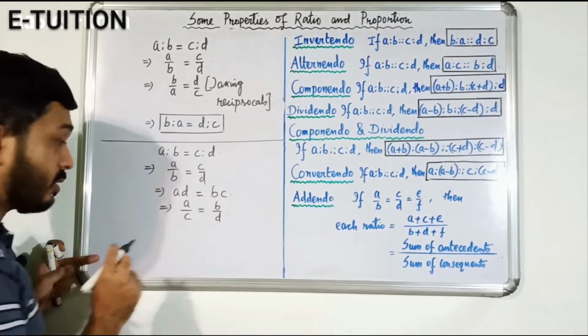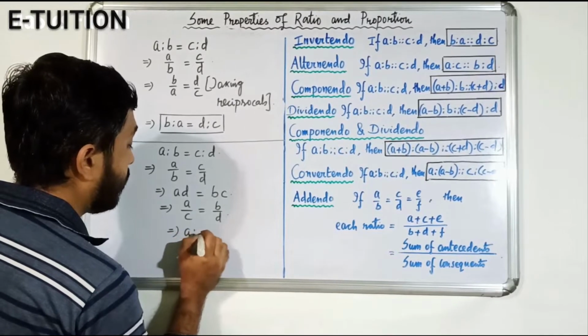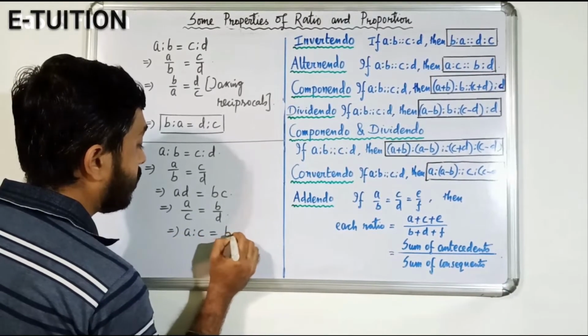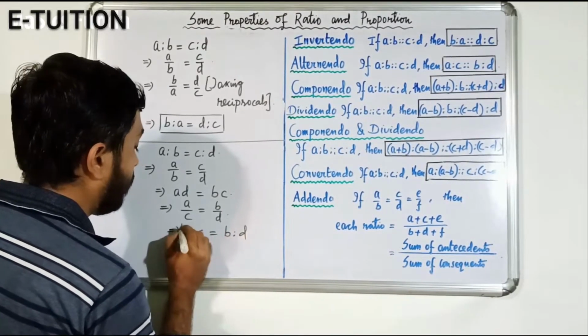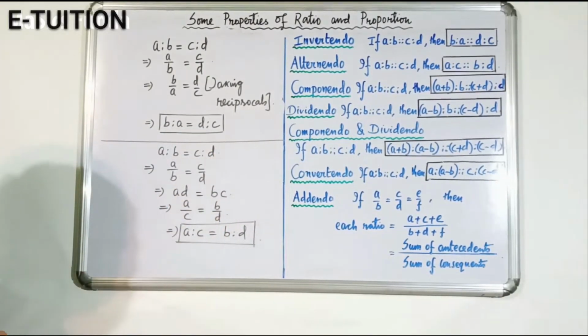Is it okay? Then you are getting at the result A is to C is equal to B is to D. Isn't it? That is what your alternando is saying.